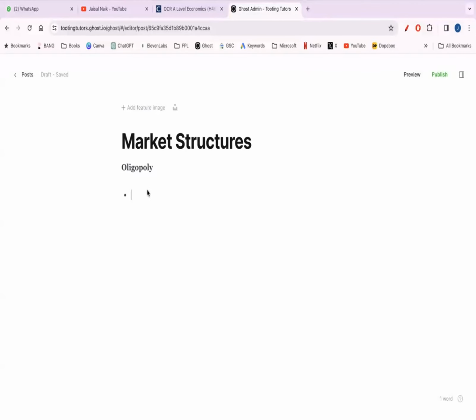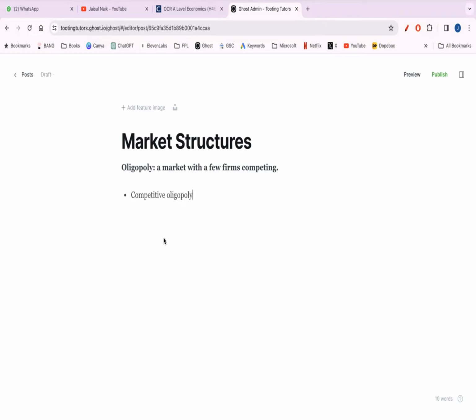So an oligopoly is a market with a few firms. The first thing I would always think about when I have an oligopoly question is: is it a competitive oligopoly or is it a collusive oligopoly? Because it can be both and it depends on the context.